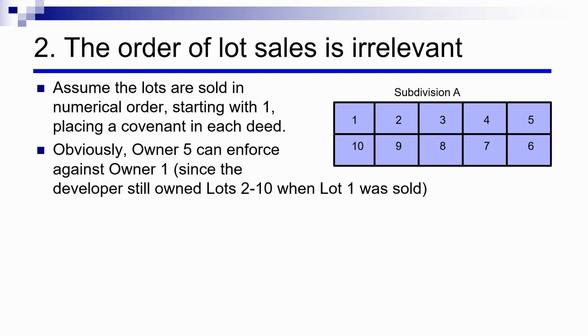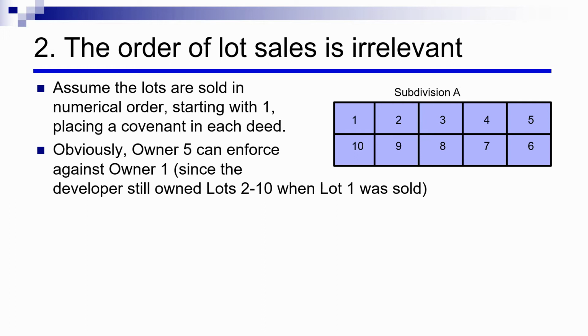Why? Well, normally we assume that when someone sells a lot and puts a covenant in the deed, the benefited land for that covenant is the land that the developer still retains, or the seller still retains, in the area where the lot sold is located. So in this case, when the developer sold lot 1, the developer still had lots 2, 3, 4, 5, 6, 7, 8, 9, and 10.